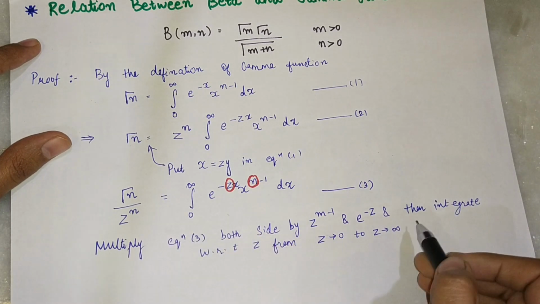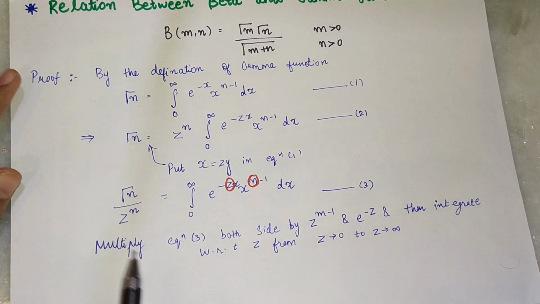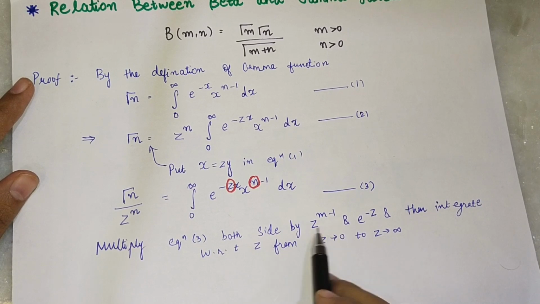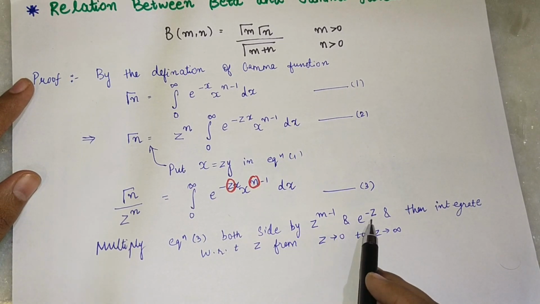This is our limit. So we will multiply this equation on both sides by z raised to m minus 1 and e raised to minus z.